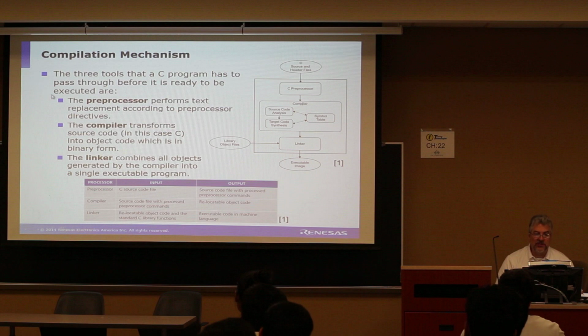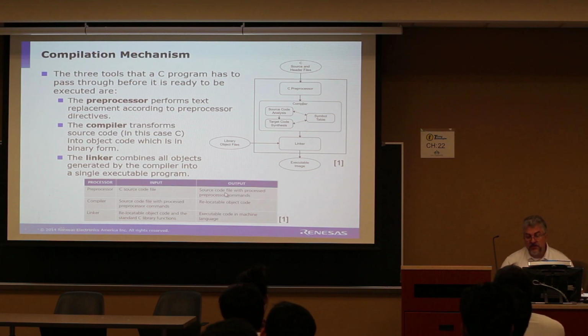So the three tools, as I've mentioned before, are preprocessor, compiler, and linker. I think I've gone into this in quite a bit of detail, but the important thing to note is the preprocessor. The input is C source code.